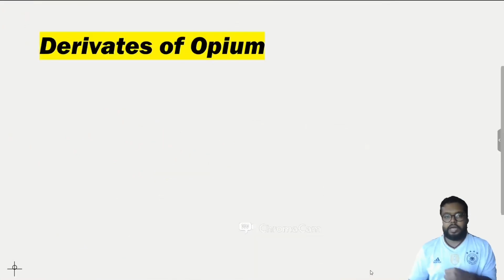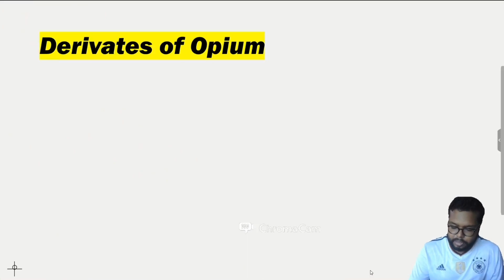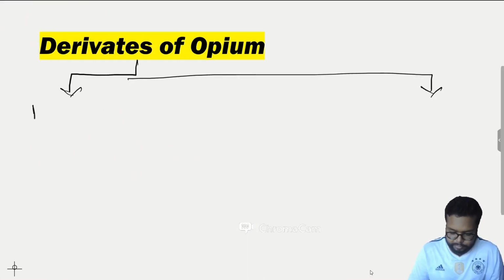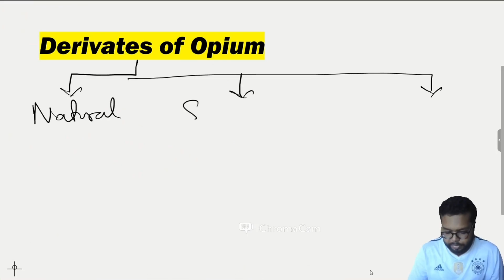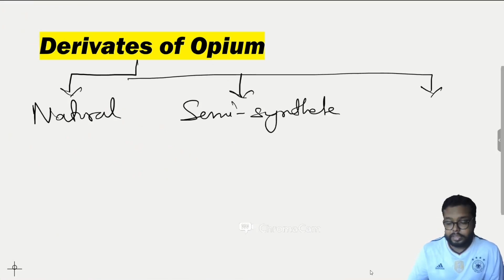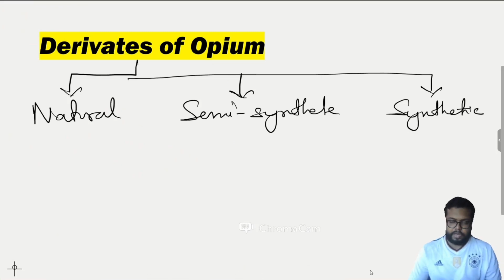Next, coming to the derivatives of opium. Broadly, there are 3 classifications of derivatives: natural, semi-synthetic and synthetic. Under natural derivatives, an example is morphine, which is used as an analgesic.